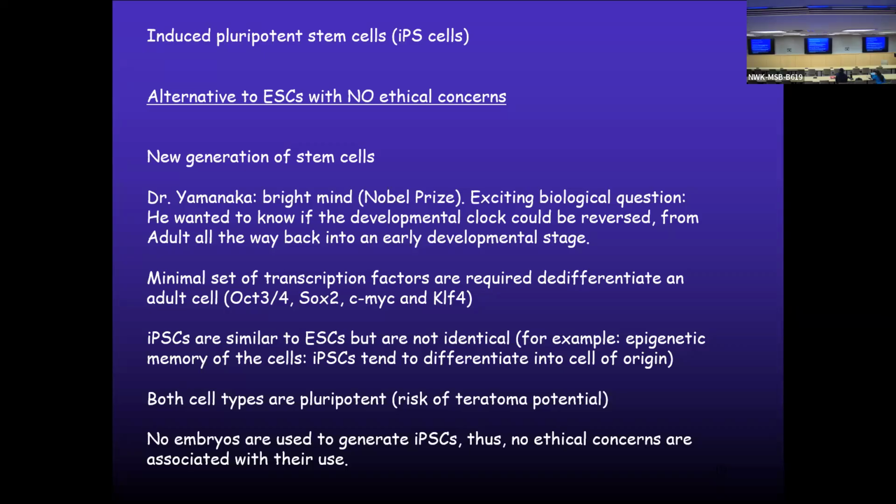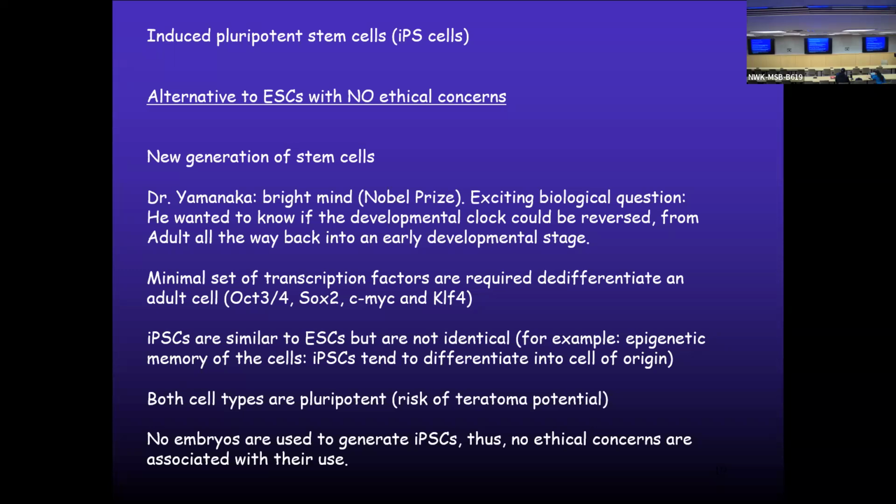He got fibroblasts, and a second experiment from adults, and he added factors, transcription factors, that were important for early stages of development. So he induced a developmental conversion by adding the right type of factors.